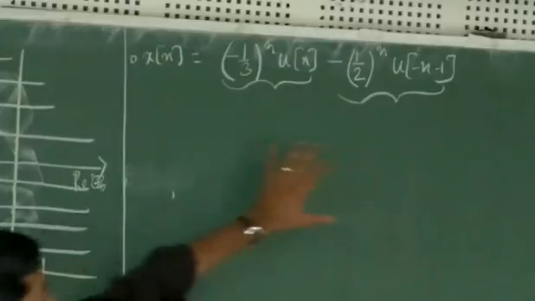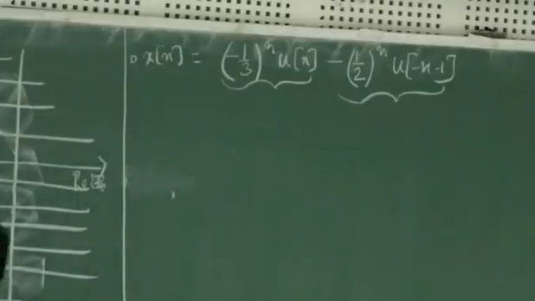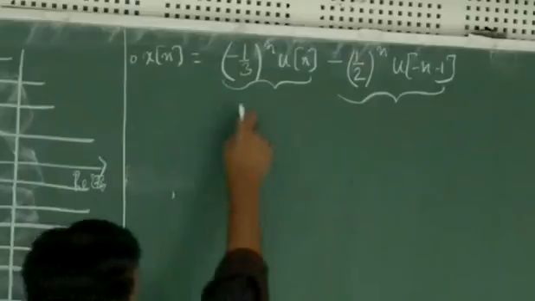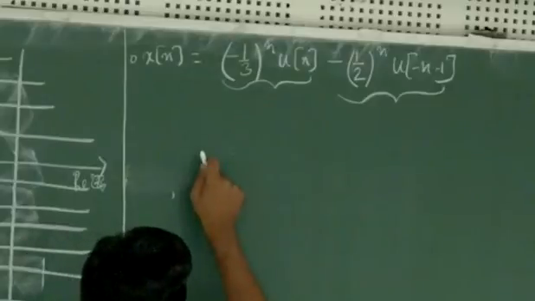So if we look at just this thing here, based on our analysis so far, what is going to be the Z transform just for this guy along with the ROC?